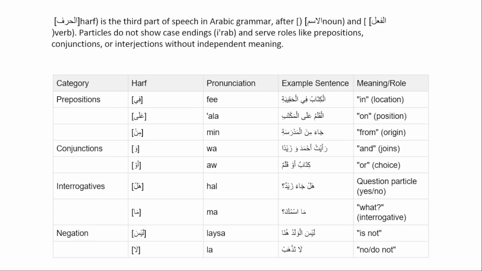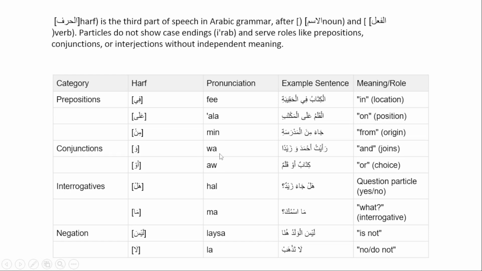All right. So here are some of the examples. For example, we have fi. Fi means in. Then we have ala. Ala means on. You can see the meaning right over here in this column and also the examples used here and the pronunciation. So fi means in, ala means on, min means from.